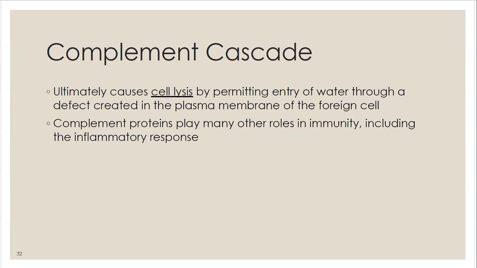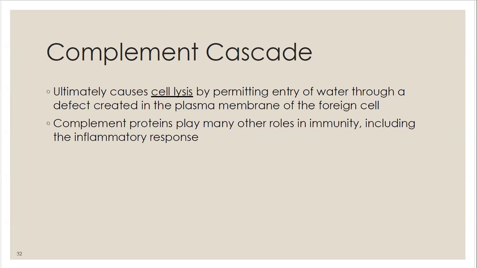The complement cascade is a series of reactions where one complement protein activates another in a chain reaction. This cascade is a critical mechanism that amplifies the immune response. Some key actions: the formation of the membrane attack complex.